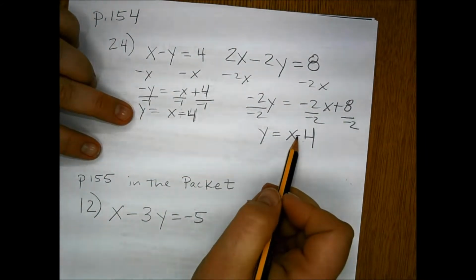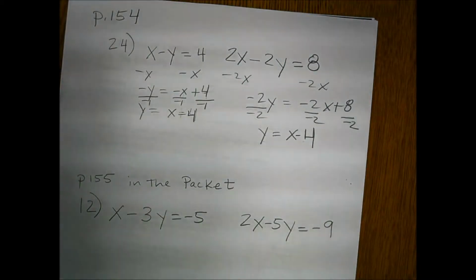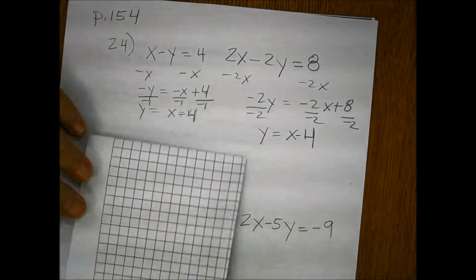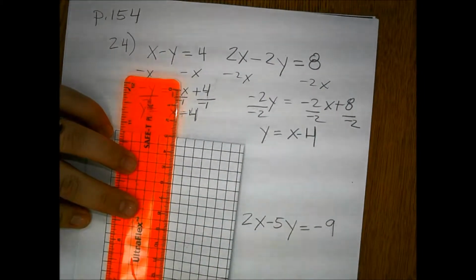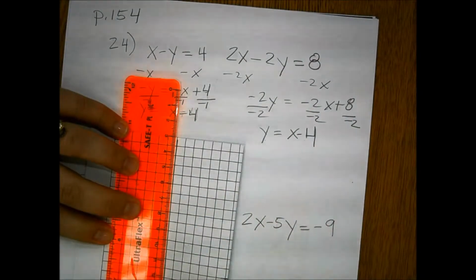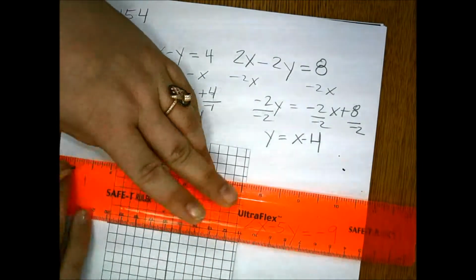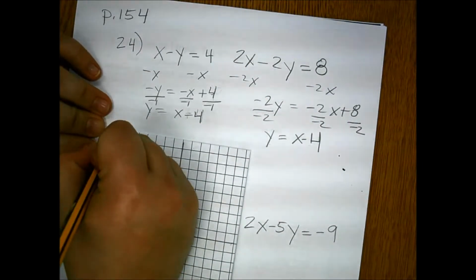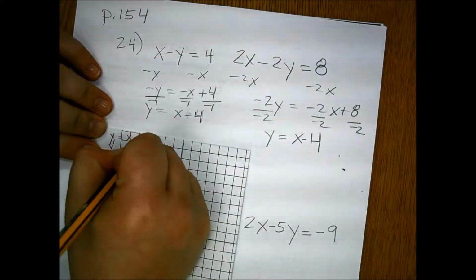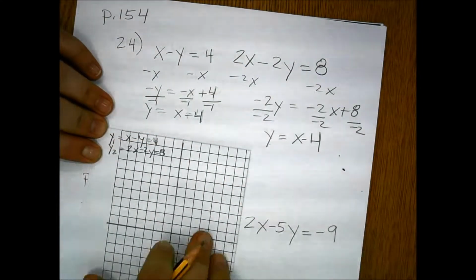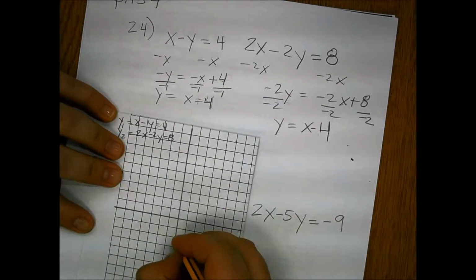That means that there's going to be infinitely many intersections. So on the graph, you're still going to write in your y1 as the original equation and y2 as the original equation, but this time you're going to actually graph them as the same one. So really you're only going to graph them once.